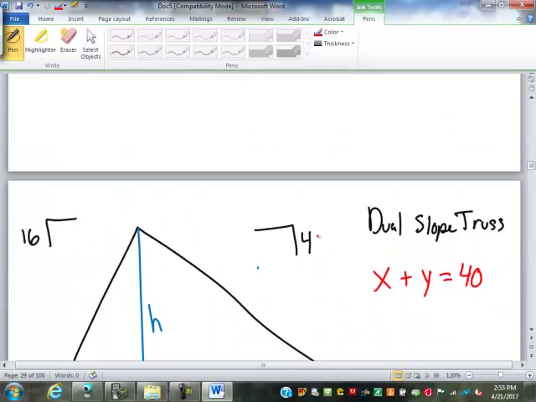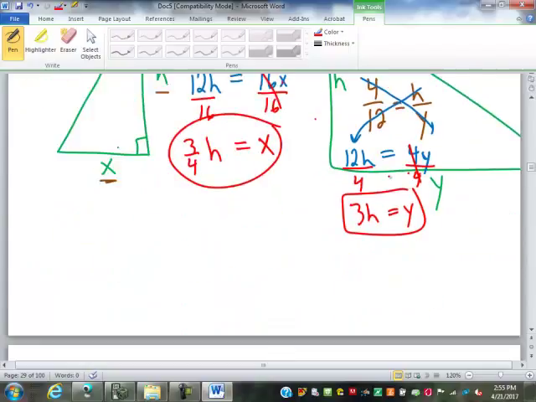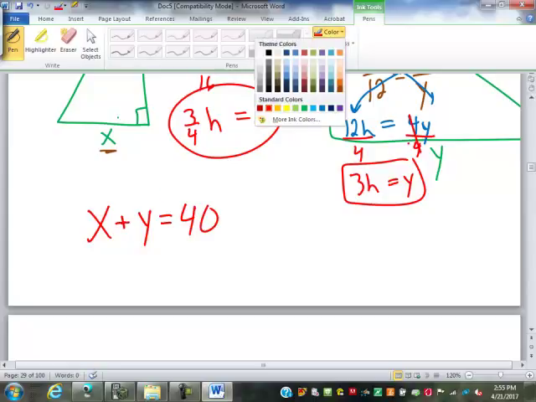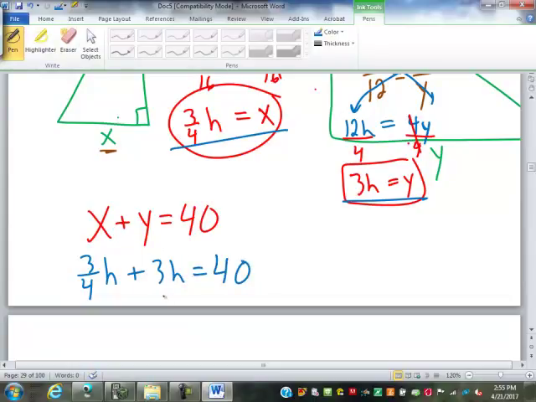Now remember, I have this first equation up here. x plus y equals 40. Well, I've solved here. x is equal to 3/4 h. y is equal to 3h. So I'm actually going to do a double substitution. I'm replacing both of them with something that's in terms of the same variable. So now they're both h's.